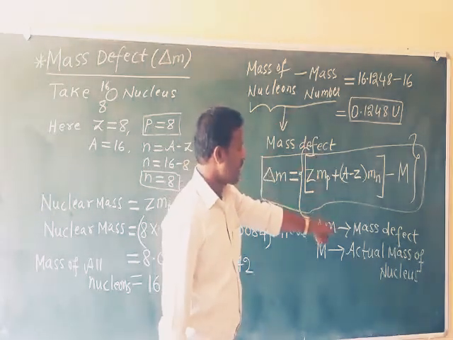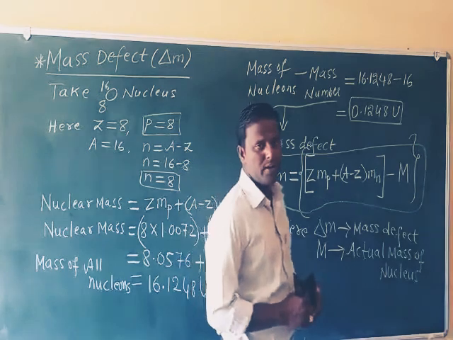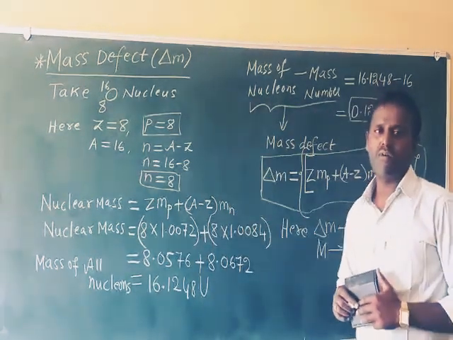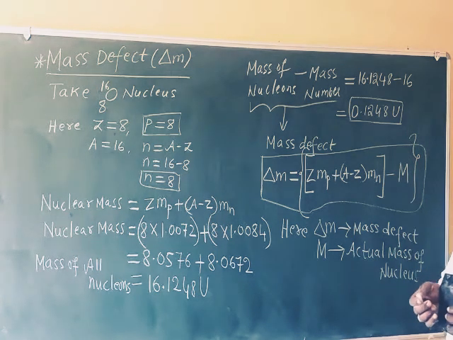Rather than mass number, we should say actual mass of nucleus. So what is the mass defect? Mass defect is the difference between the mass of all nucleons and the actual mass of the nucleus.